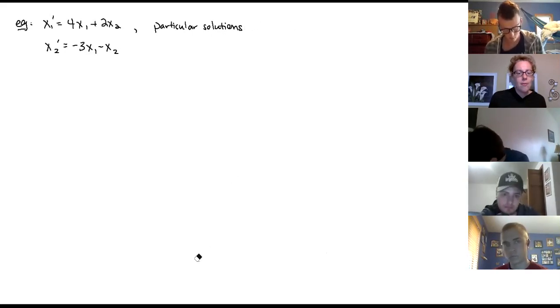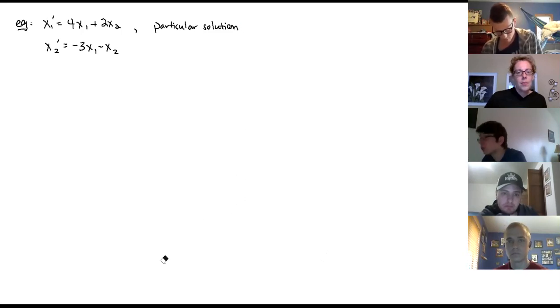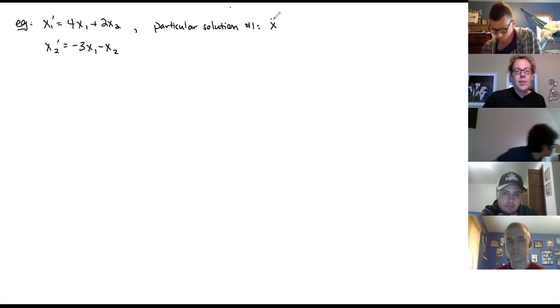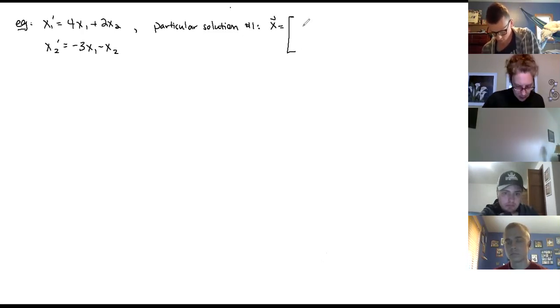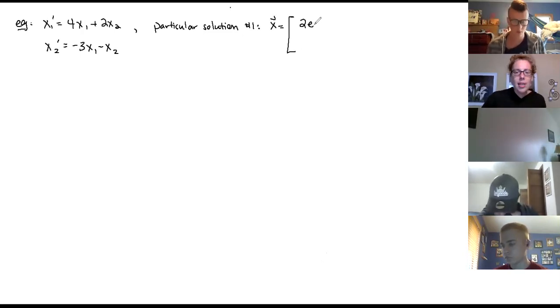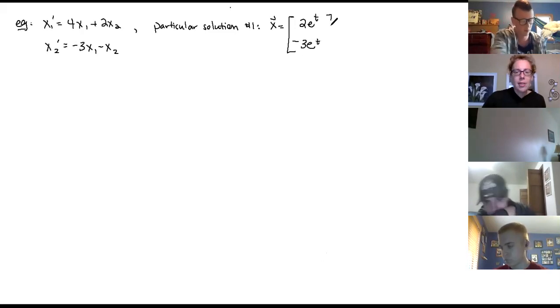So I've got a couple of particular solutions. So particular solution number 1 is going to be x equals 2e to the t, negative 3e to the t.